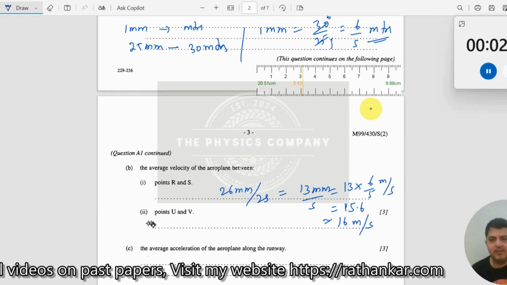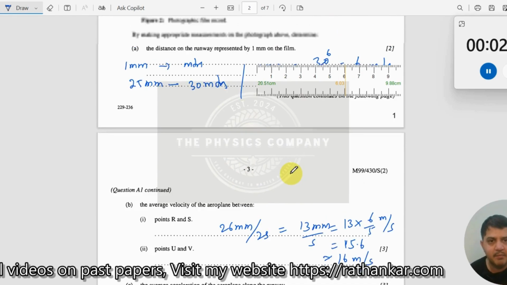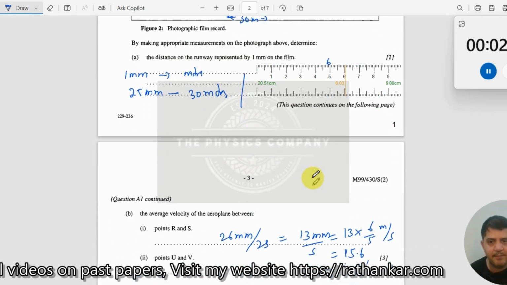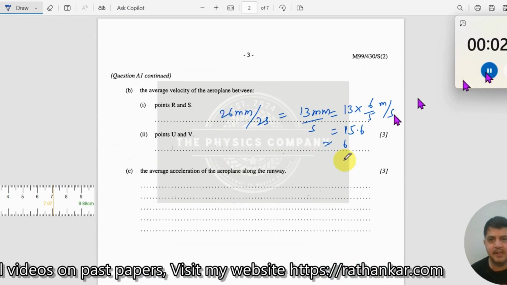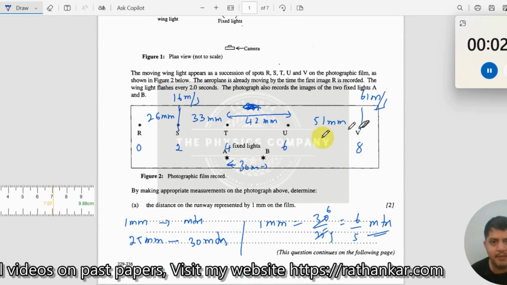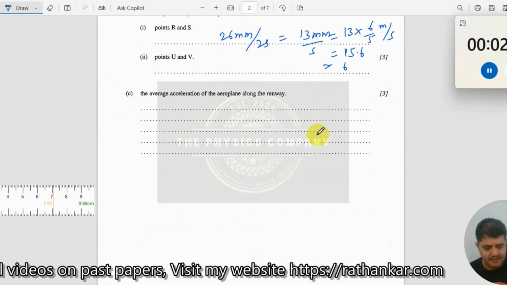Okay, now let us look at the next one. Points U and V. Where are points U and V? It's here. The distance is 51 millimeter here. So once again do the same thing. Time taken is 2 seconds over here. So what is the average velocity here?